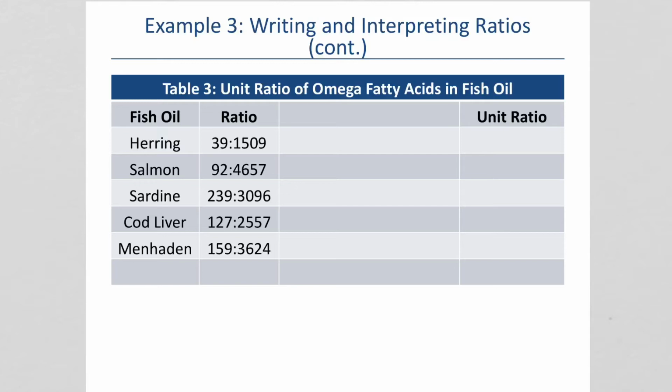And to get the number on the right to be 1 for herring, we would have to divide the number on the right by 1509. So we'll also divide the number on the top by 1509. And that gives us 0.0258 to 1.